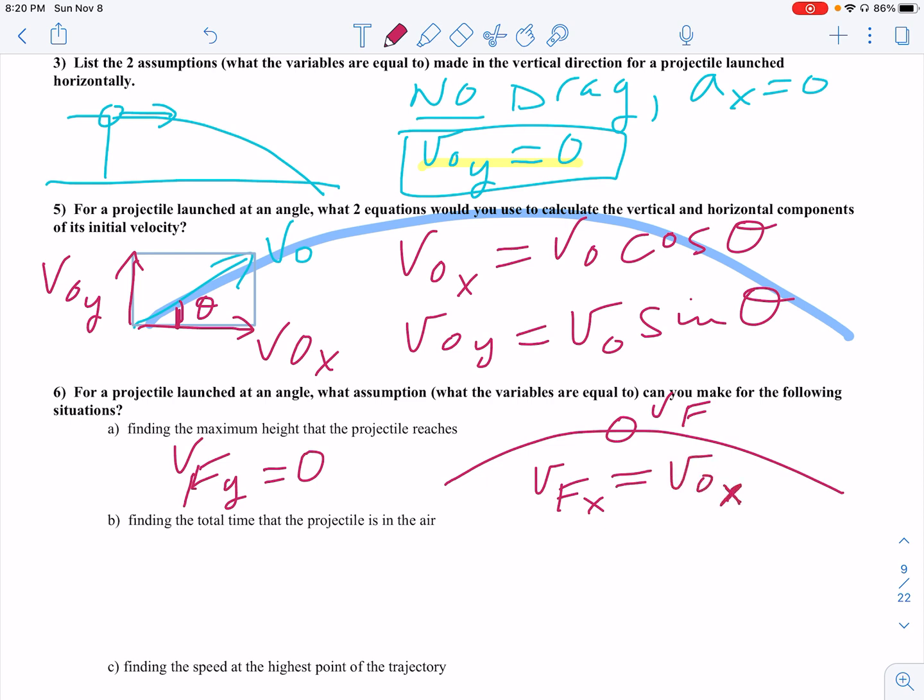So it does not stop at the top. It keeps on going with the X component that it had at the beginning.